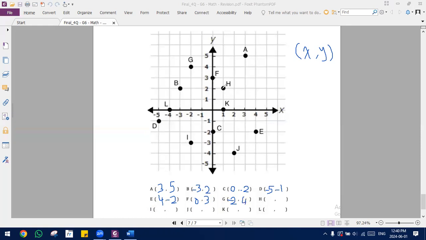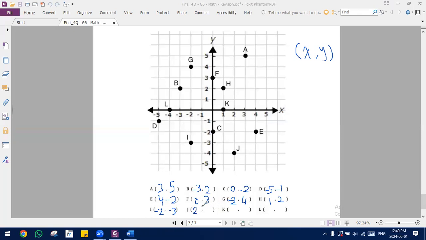Now H, the x value is 1, y is 2. I, where is it? Here, on the left down, so everything is negative. The x value is minus 2. The y value is down, which is minus 3. J is on the right, which means x is positive, 2.